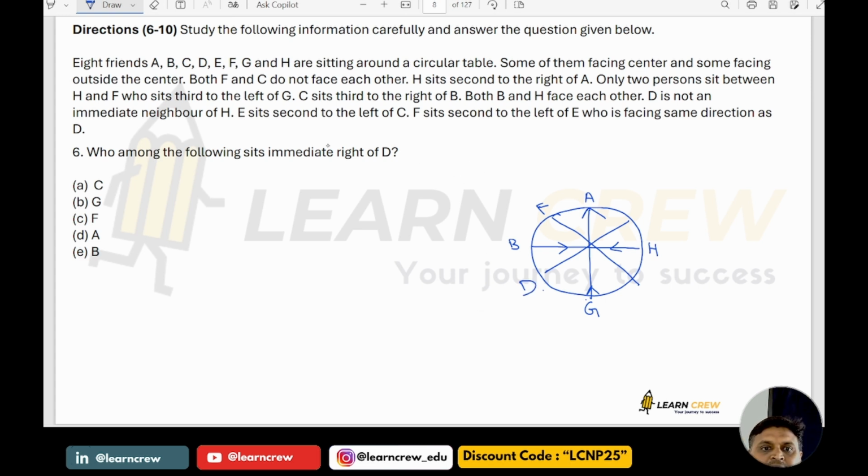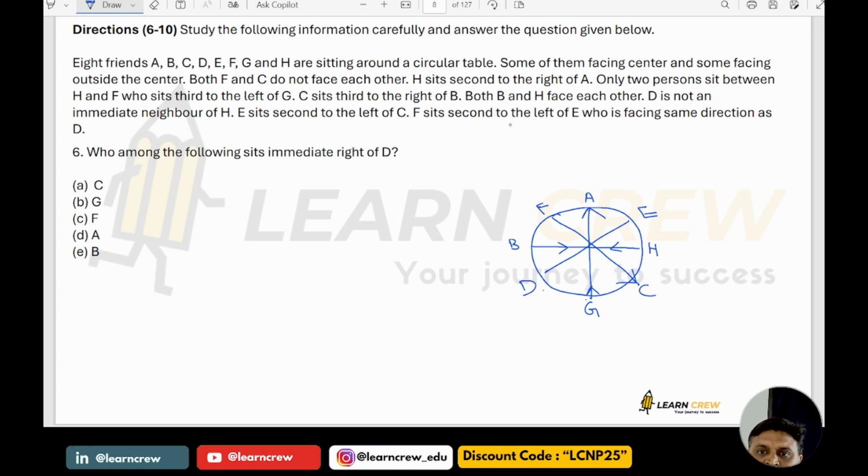Now we have C is third to the right of B, which means I will get C here: first right, second right, third right. C here, and the only person left is E. It is given that E is second to the left of C, which means C has to face outside.